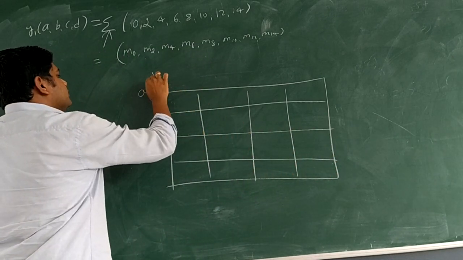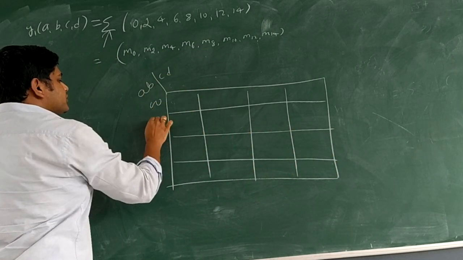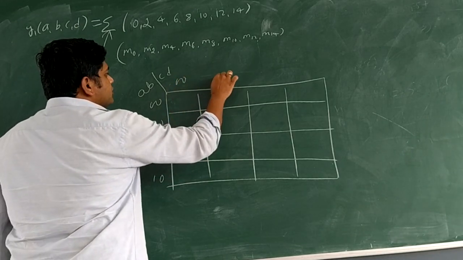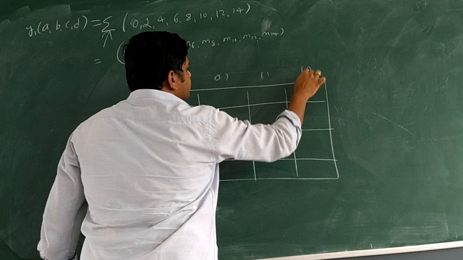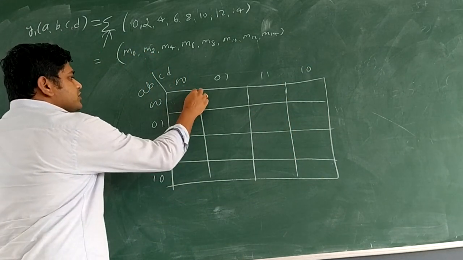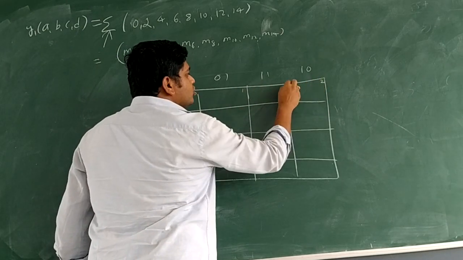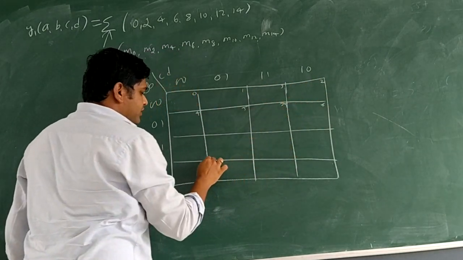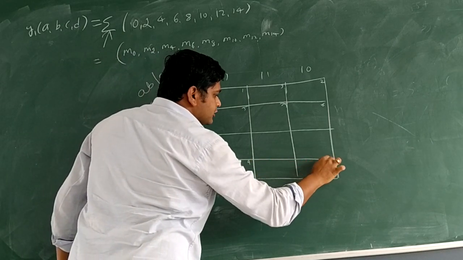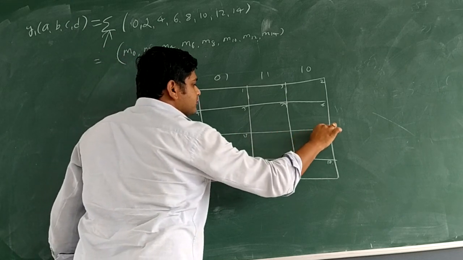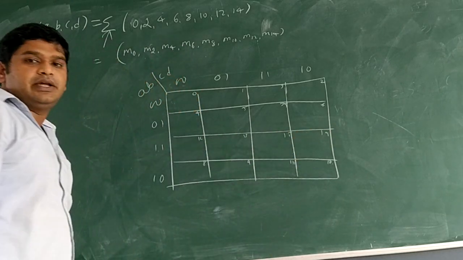This side AB, this side CD, 00, 01, 11, 10. Okay? Fine. Write the cell numbers 0, 1, 2, 3, 4, 5, 6, 7, 8, 9, 10, 11, 12, 13, 14 and 15.